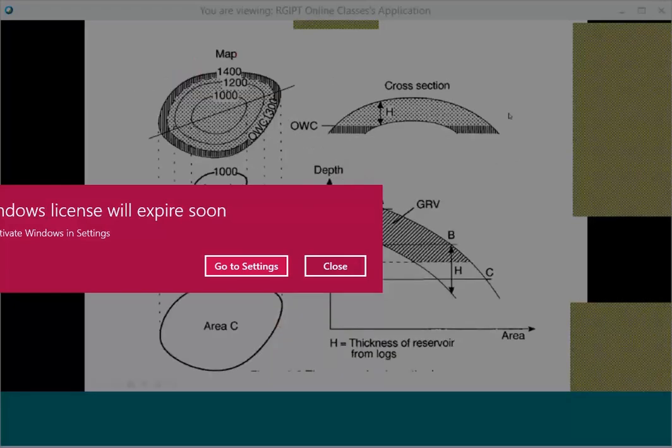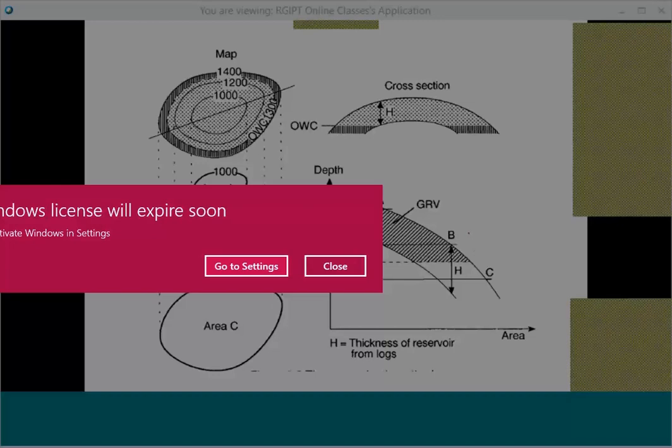Now, what about area? How do you calculate this? Let us say that you have a section view, or a cross section. This is your depth profile here. You can see depth and OWC, that is oil water contact.